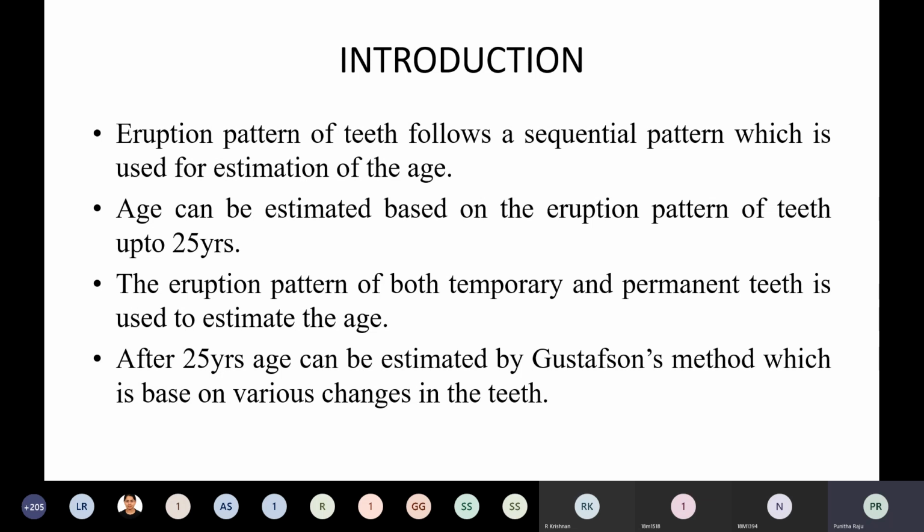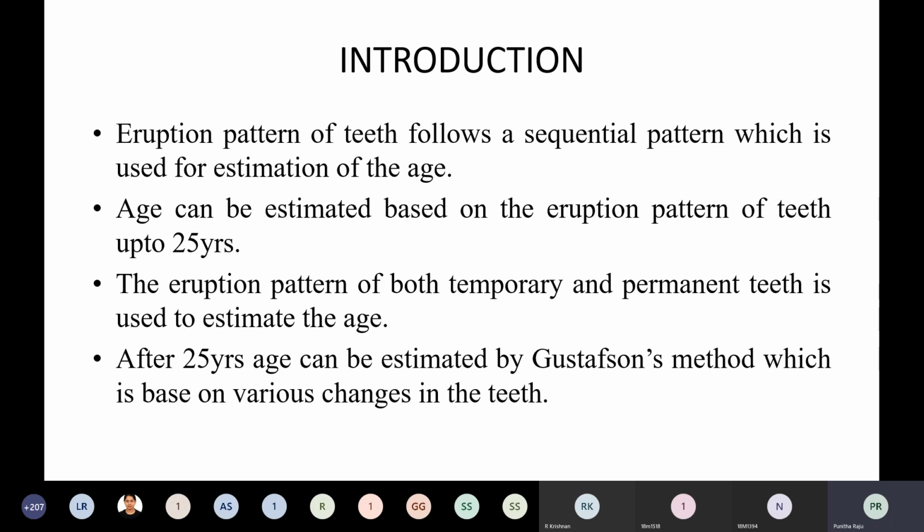Coming to the introduction, the eruption pattern of the teeth follows a sequential pattern which is used for estimation of age. We see the teeth eruption and tell the age of the person. Age can be estimated based on the eruption pattern of teeth up to 25 years. You all know the third molar, some people even at 25 years have eruption of the third molar.